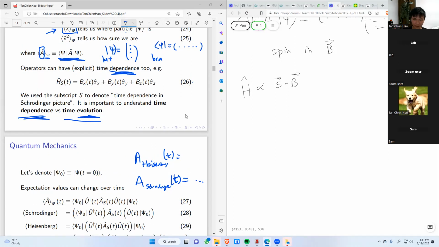So time dependence refers to the Schrodinger picture, where the operators do not evolve in time. And time evolution tells us how the operators will evolve in time according to the time evolution operator.